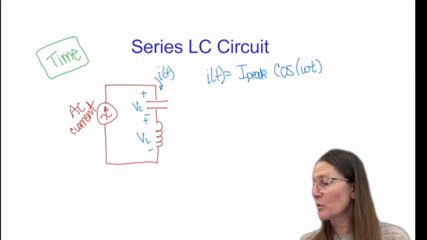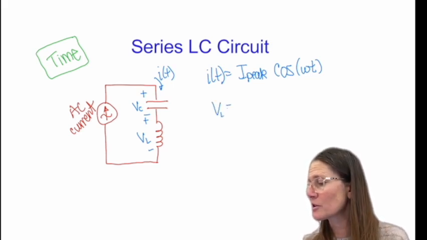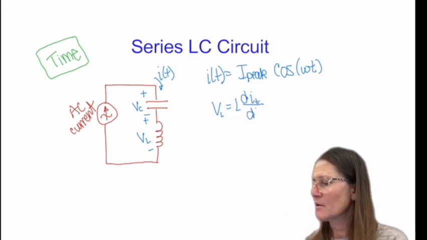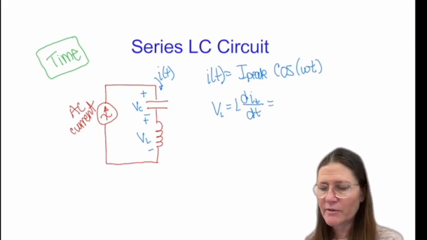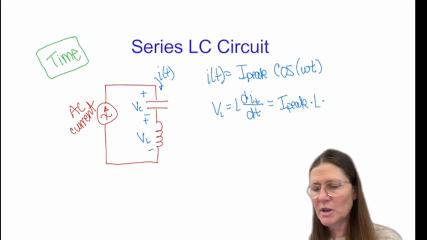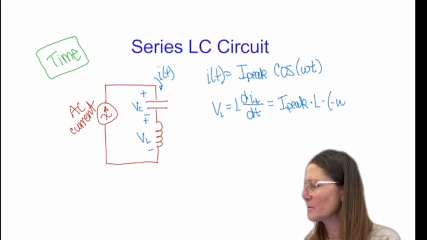We know that the voltage across the inductor can be differentiated. The derivative of this will give me a sine, and this becomes minus omega sine omega t.